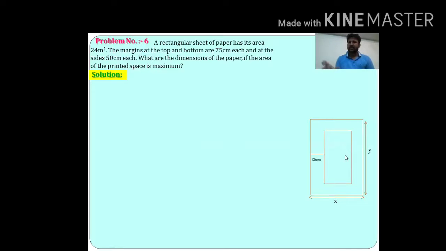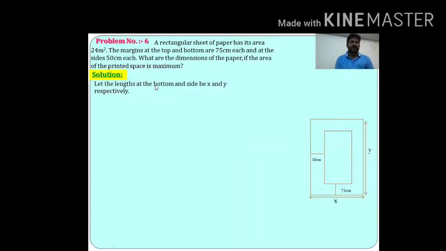Margins at the left side are 50 centimeter, and at the right side also 50 centimeter. Top and bottom both are 75 centimeter. So initially we write the sentence: let the length at the bottom and the sides be x and y respectively.